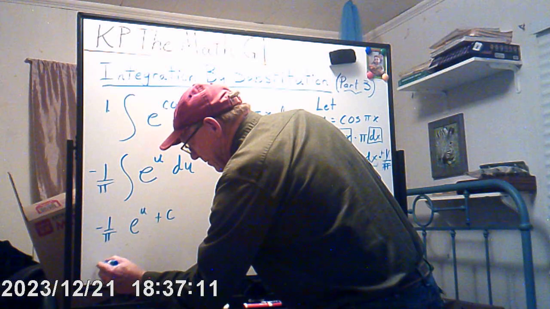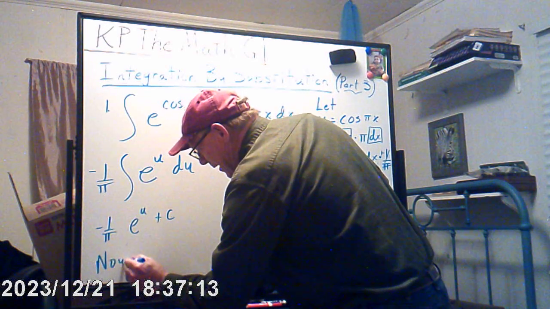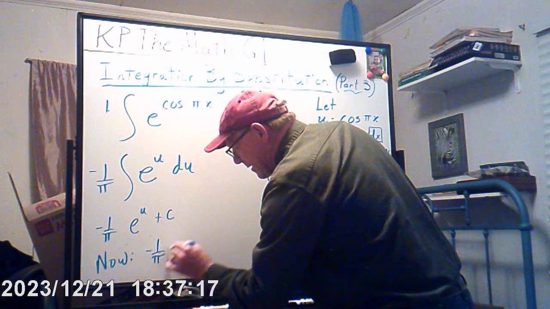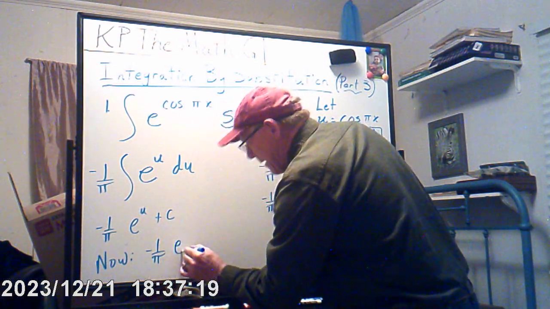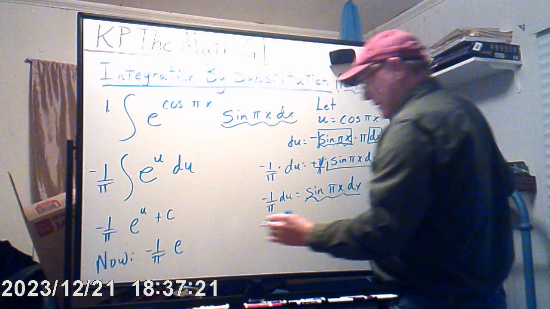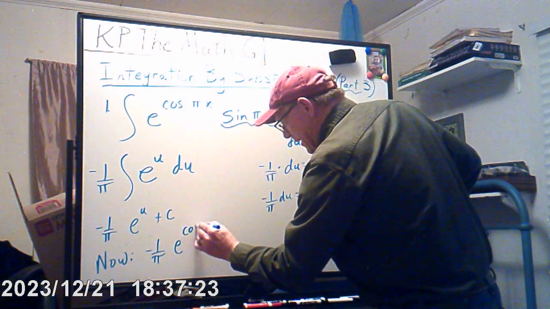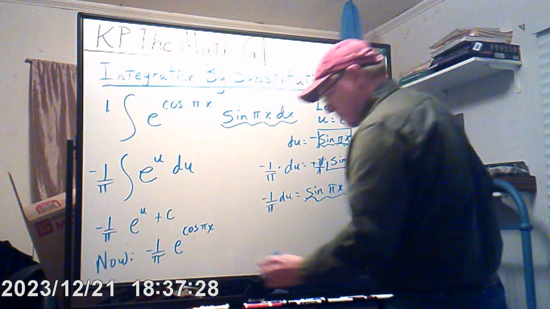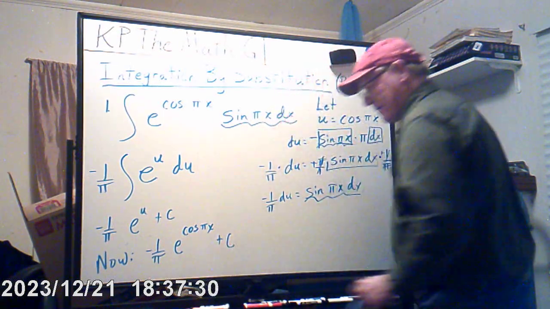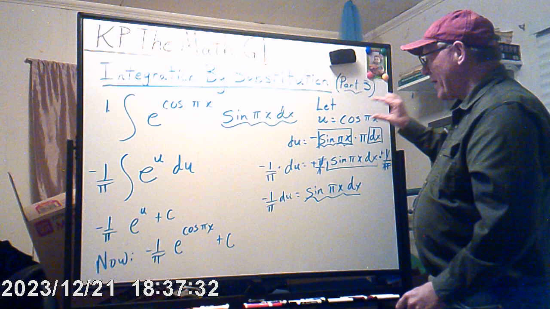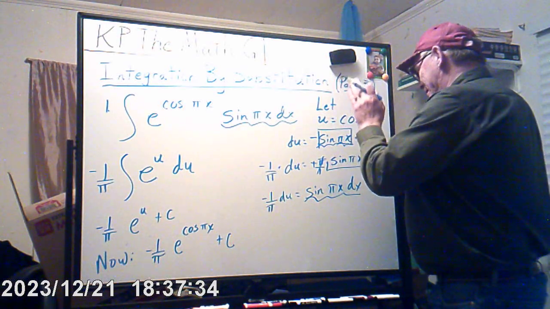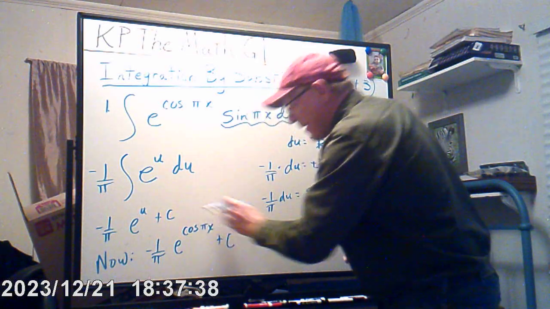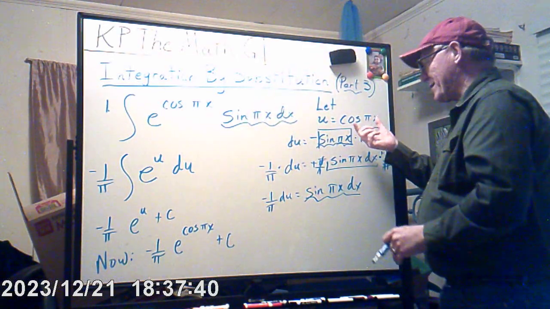So now we have negative 1 over pi e to the cosine pi x plus c. Always go back. It's good to say this is what I let u be, because some people put sine pi x here when it should be cosine pi x.